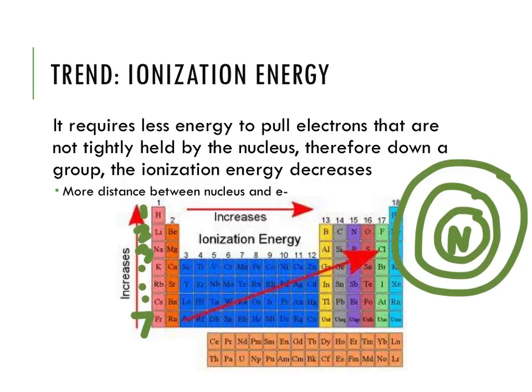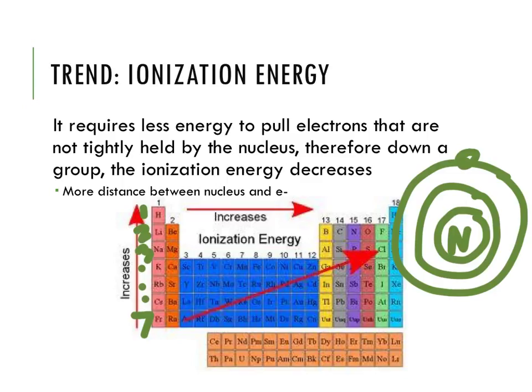The further away, the harder it is to hold on to that electron, the easier for that electron to be plucked off. Since it's so far away from the nucleus, the attraction from the protons in the nucleus to the electron way on the outside is lower.